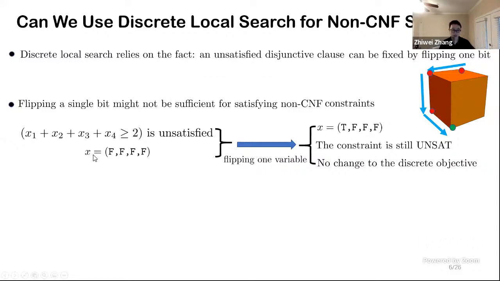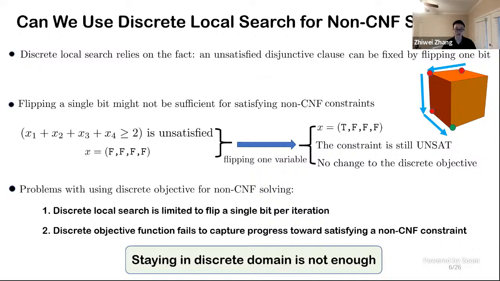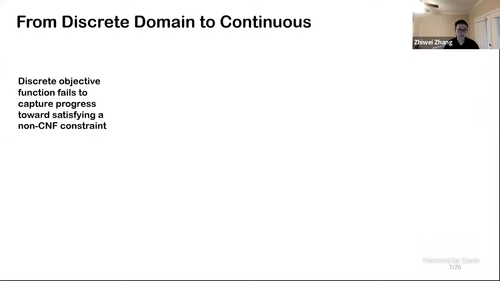So that indicates some problems with using a discrete objective for non-CNF solving. The first one is that discrete local search is limited to flipping a single bit per iteration. Second, the discrete objective function fails to capture the progress towards satisfying a non-CNF constraint. So maybe staying in the discrete domain is not enough. And here is what we are planning to do to solve those problems.